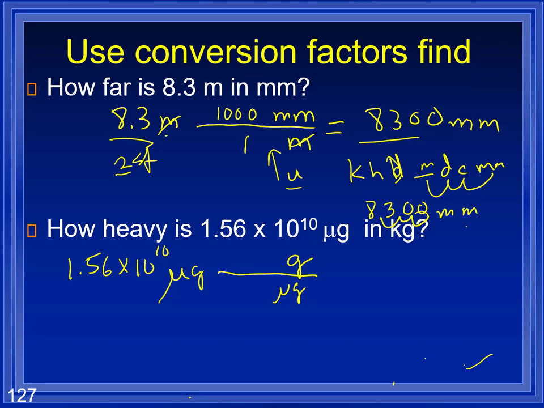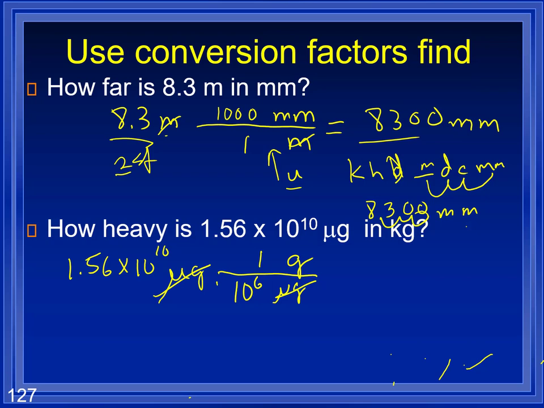Well, a gram is bigger, so it gets the 1. And the microgram, micro is really tiny. So micro means 10 to the 6th. Or you can type a million if you want to. I'm too lazy. And that gets rid of micrograms.